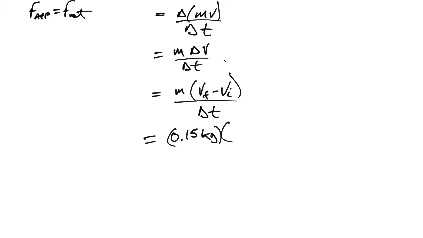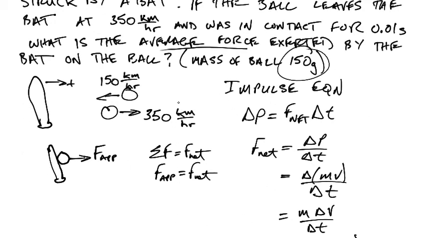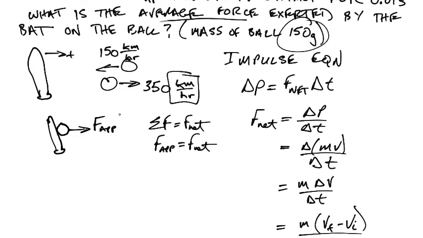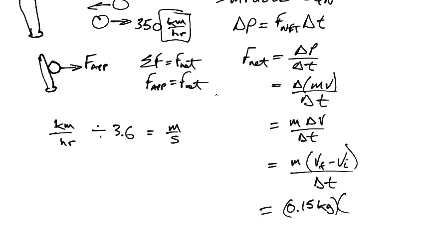So in order to convert, by the way, because these values are in kilometers per hour, there's a very simple and fast way to convert. If you have kilometers per hour, all you have to do is simply divide by 3.6, and you'll end up with meters per second.